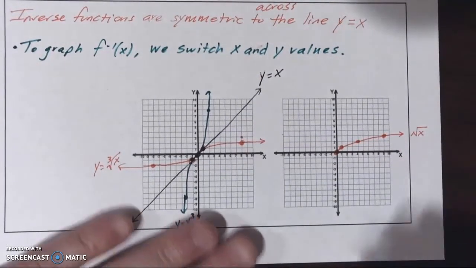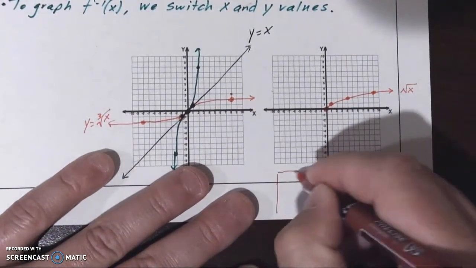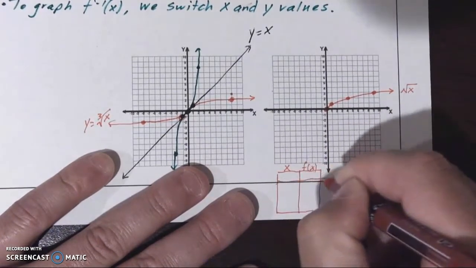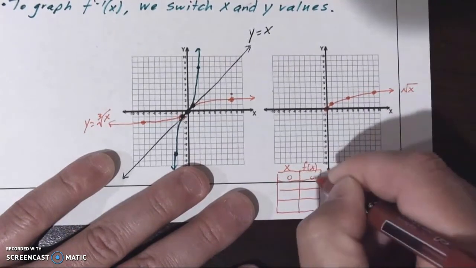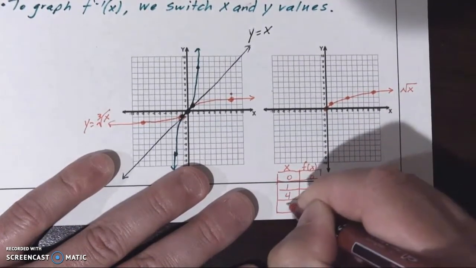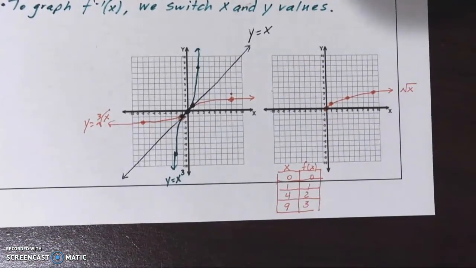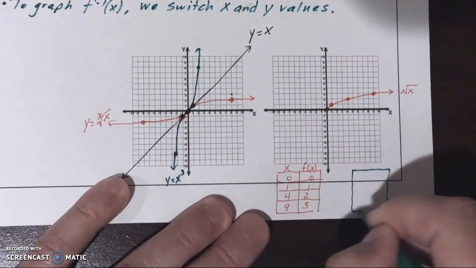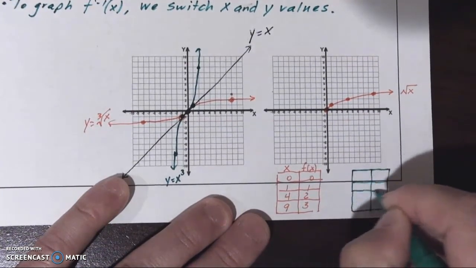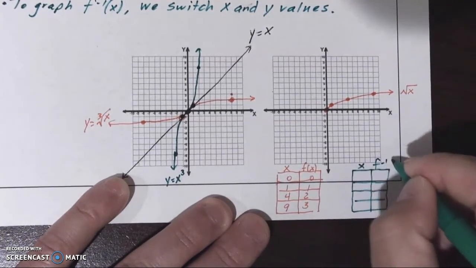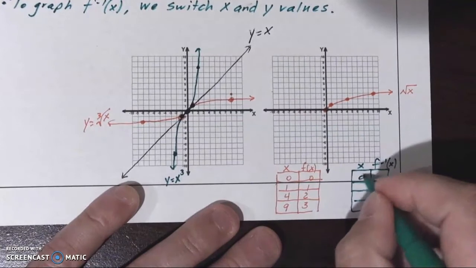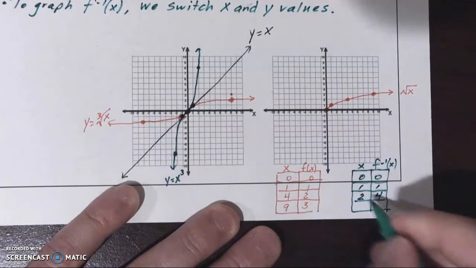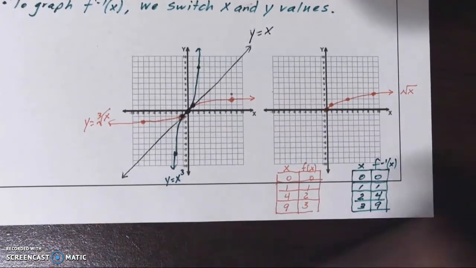Okay, so in the square root of x, we'll just make a little table down here, x and f of x. We have 0, 0, 1, 1, 4, 2, and 9, 3. The inverse of f of x, then, would just flip those. So x and inverse of f of x, we're just flipping them. 0, 0 doesn't change, 1, 1 doesn't change, but we'll flip these, switching the x's and the y's, 2, 4, again switching the x's and the y's, 3, 9.